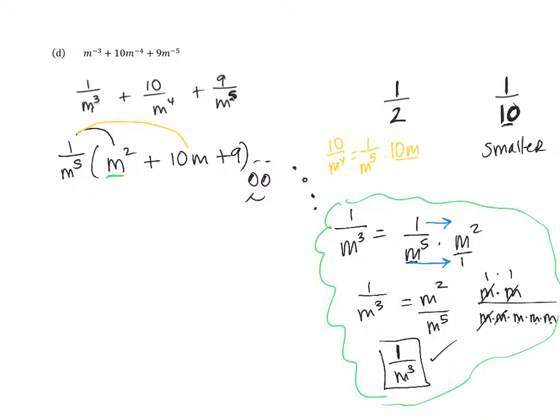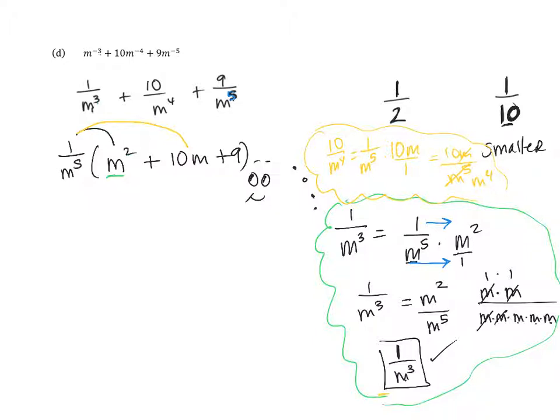You can do the same thing that we just did and convince yourself that that's true. We would multiply straight across and get 10m over m to the 5th. One of these would cancel out with 1 from the bottom, and we would get m to the 4th in that denominator. All right, so that's what we do: factor out the smallest term there.